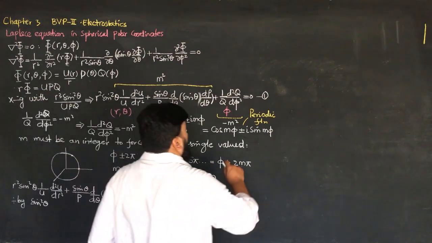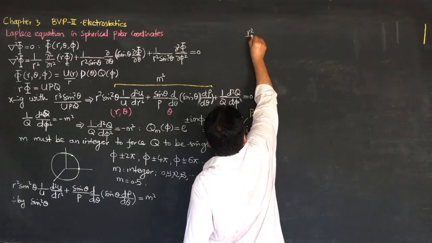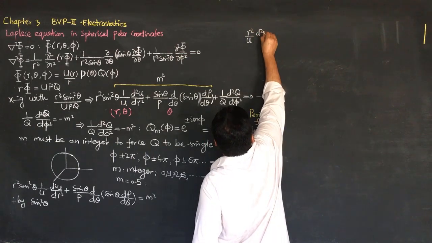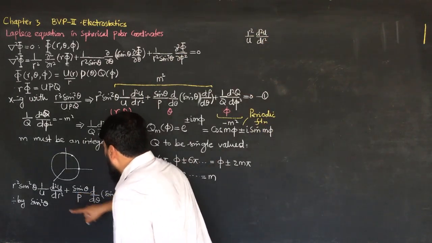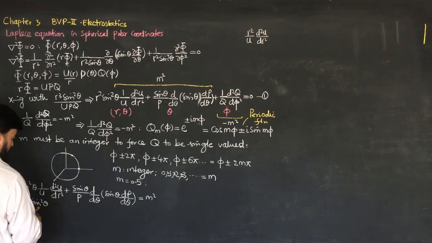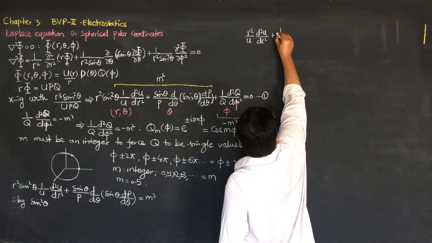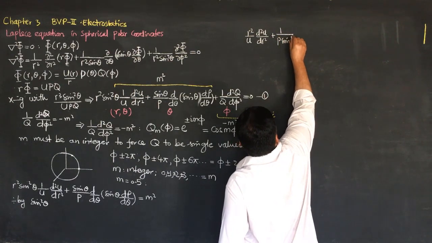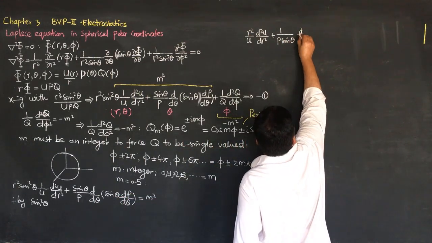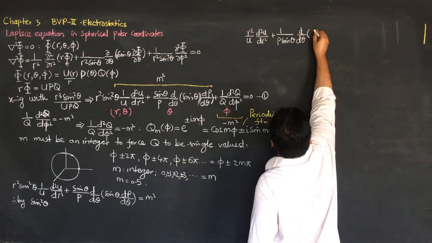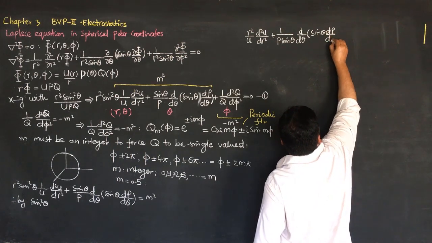I will get r square over u, d square u over d r square, plus sine theta, 1 will cancel with this and 1 will remain here, plus 1 over p and sine of theta, d by d theta, and sine theta dp over d theta.